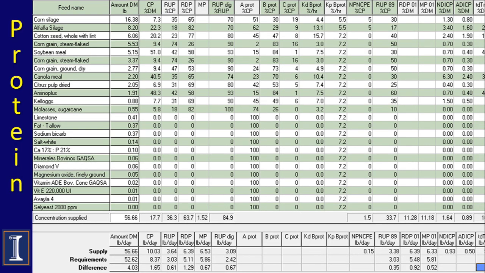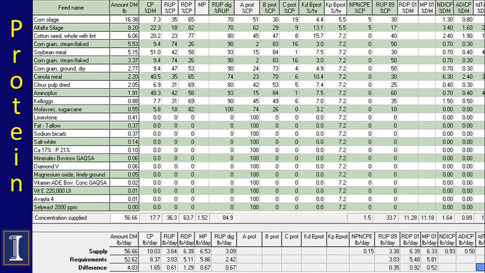The next screen is protein, a very valuable screen. Again, a number of different values across the bottom. Crude protein, certainly you can see this ration is sitting at 17.7, and we are overfeeding, you can see, by almost 1.5 pounds of protein. On this farm scenario, they're very cognizant of milk protein and are afraid to reduce that number on down. The next column to me is very useful.